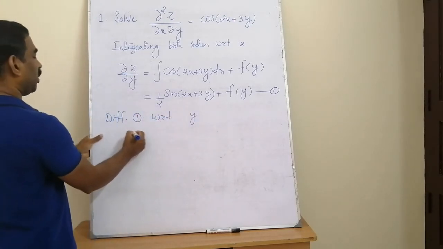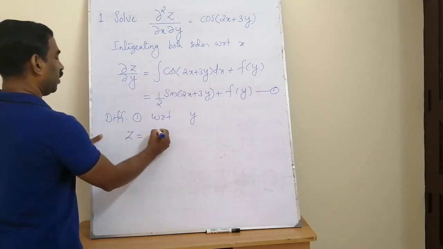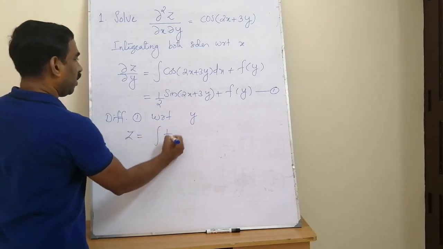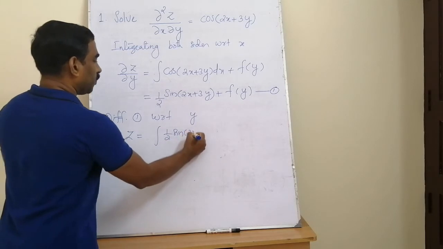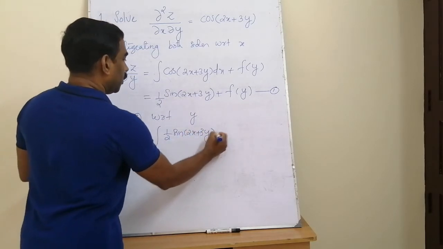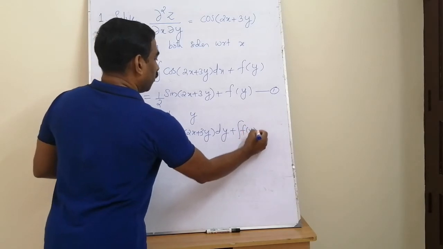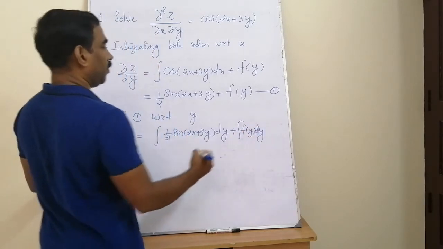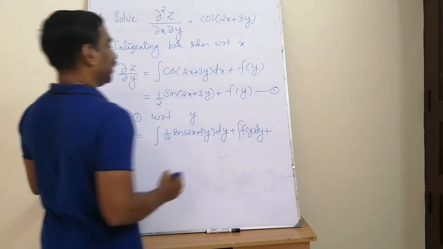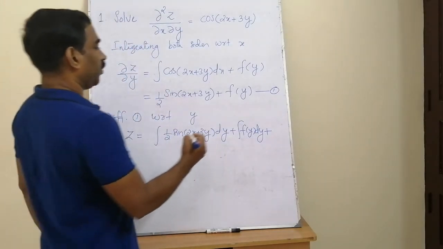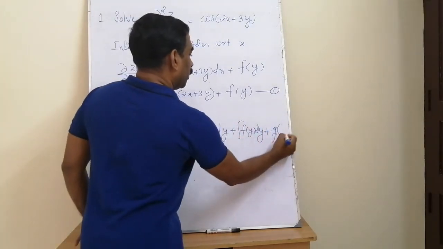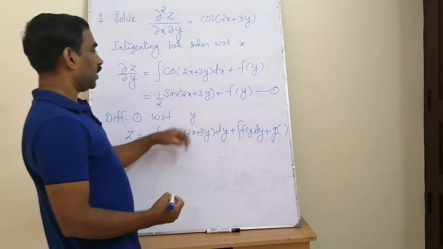Once again, integrating equation number 1 with respect to y, the left-hand side becomes z and the right-hand side becomes the integral of 1/2 sin(2x + 3y) dy plus the integral of f(y) dy plus another arbitrary function. Here the arbitrary function will be a function of which variable? The other variable is x.